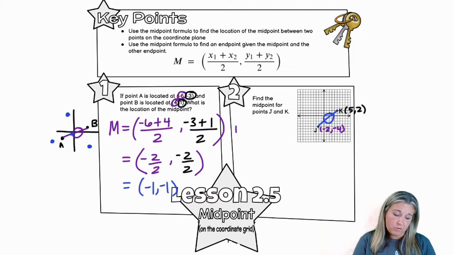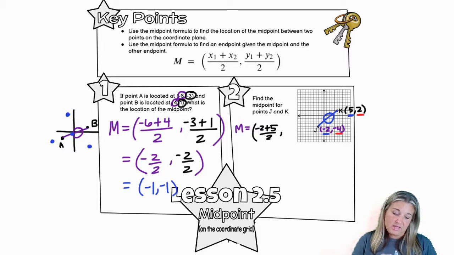So my midpoint formula says that I am going to take my two x values, which are here and here, and I'm going to add them together. So I'm going to take negative 2 plus 5 and divide it by 2. And then I'm going to take my two y values, which are, let's see, here and here.